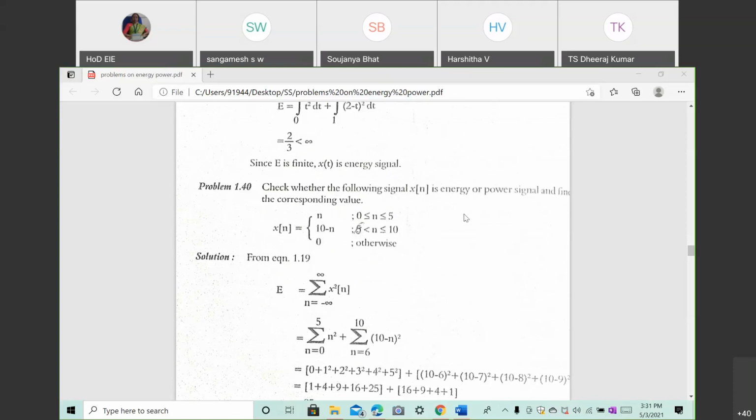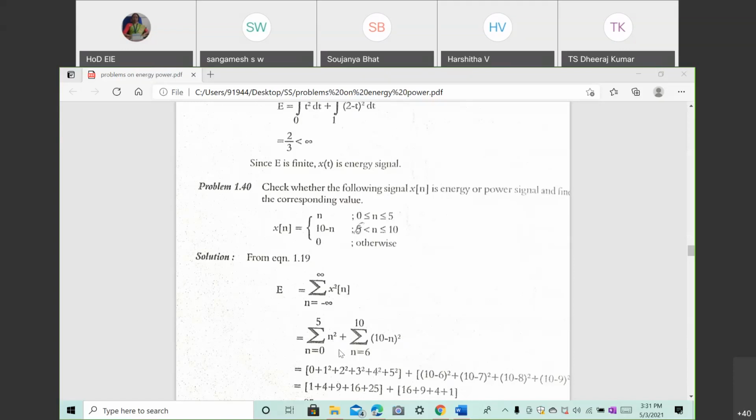If it is a discrete signal, for finding the energy we have to use the summation equation, n equal to minus infinity to plus infinity, x square of n. That is the standard equation. You need to remember the standard equations for energy and power for a discrete signal, and for a continuous signal, what the equation is for finding that.